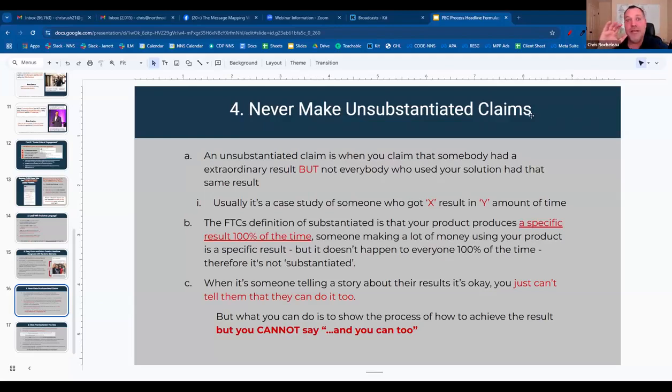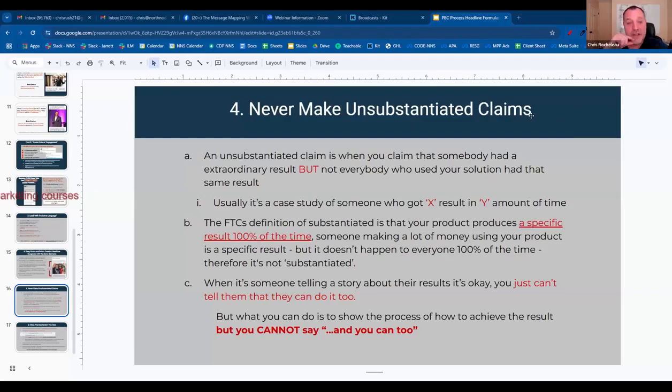And then he had a version that said, and how you can too. The how you can too version got his ad account banned. Not just the ad disapproved. He had to wait to get his ad account back, and it took him months. Okay. But the version that did not say and how you can too worked really well.